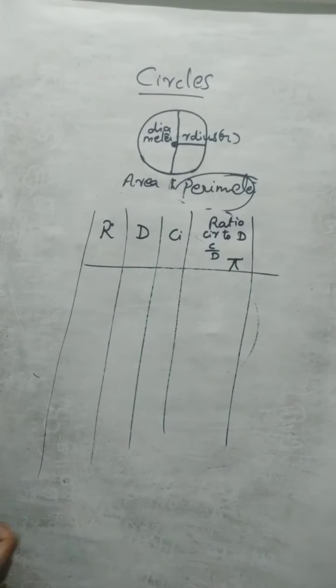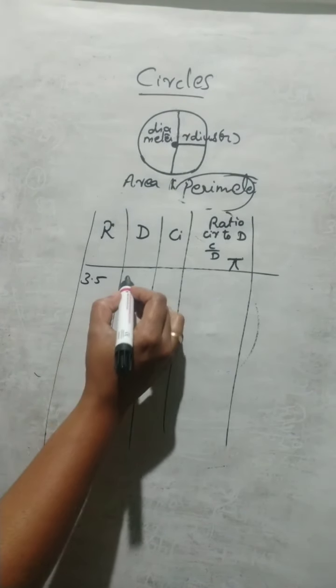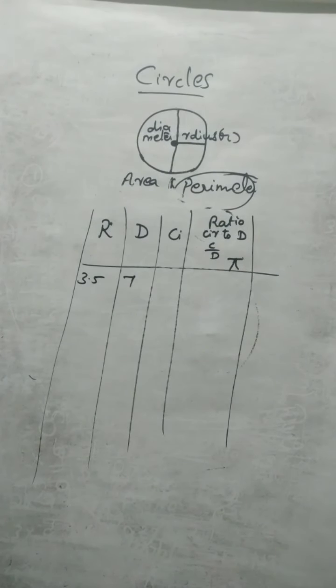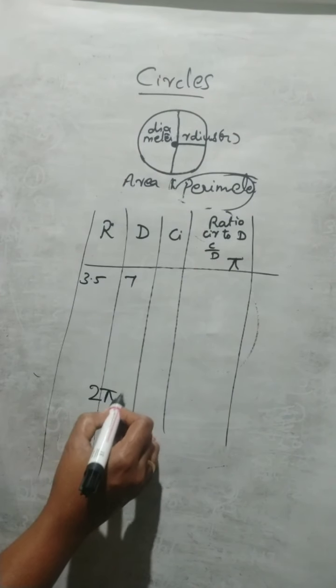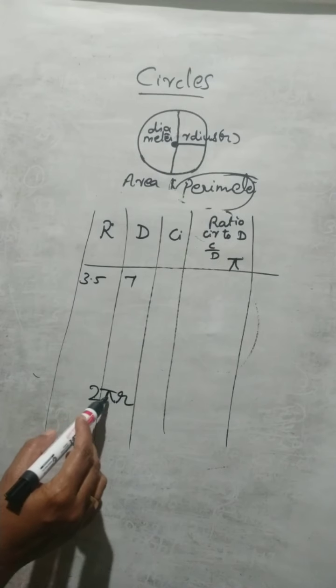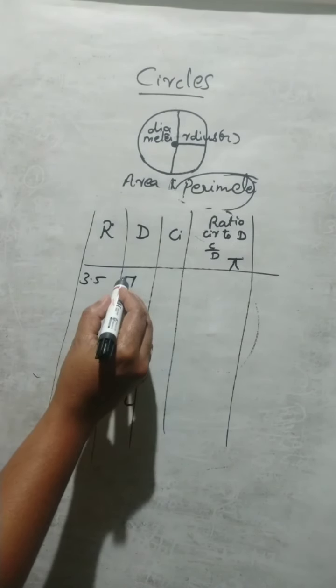If the radius is 3.5 centimeter and the diameter is 7, then what will be the circumference? We know that it is 2 pi r, that is 2 times 3.14 times 3.5.